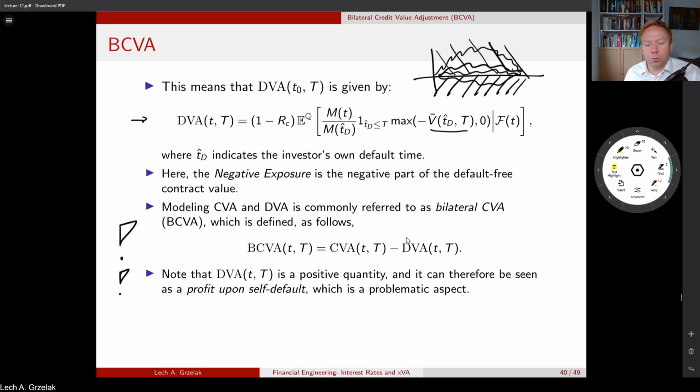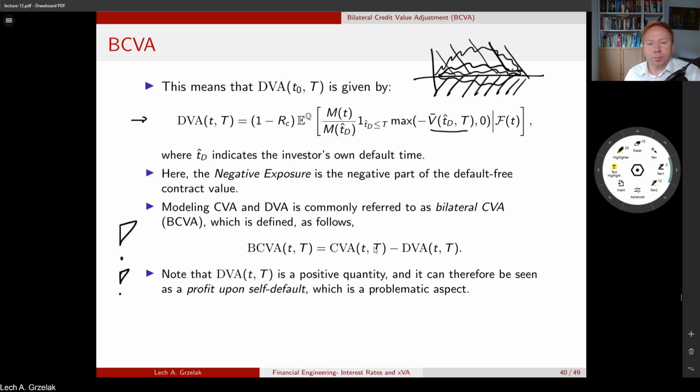Here, because we also see this linearity, BCVA is essentially a linear combination of CVAs, whether it's positive expected exposures or negative expected exposures, and both suffer from the same thing that we have also mentioned before about wrong way risk.